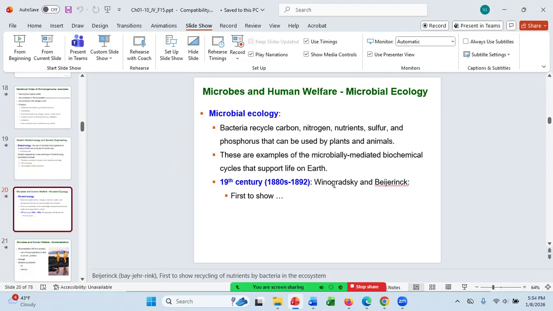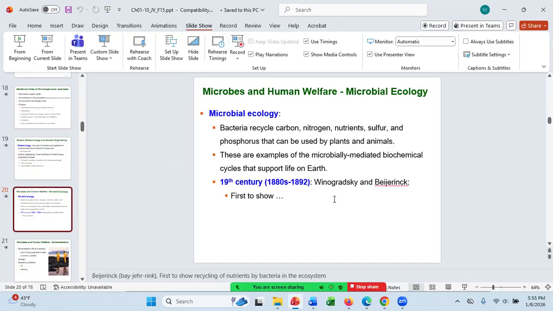And to get the nitrogen cycle and the sulfur cycle, you need to study many different microorganisms to find the microbial mediated biochemical cycle, meaning you need all the organisms involved, one source of nitrogen converting to another, and then another microbe converting that source of nitrogen to another.